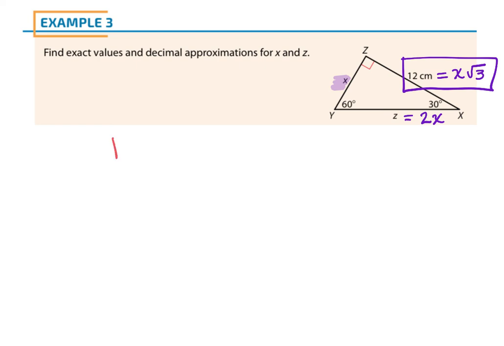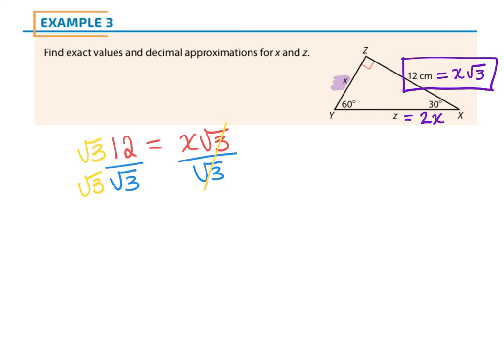So my equation is my longer leg equals my shorter one times the square root of 3. To solve, I'm going to do exactly what I did before on example 2. I'm going to divide both sides by the square root of 3. All right? Over here, it's going to cancel. Remember here, I need to rationalize it. Multiply the top and bottom. So on the top, I have 12 square root of 3.